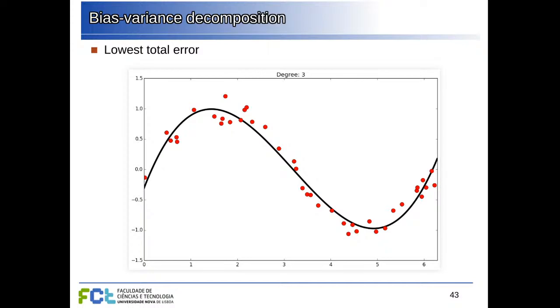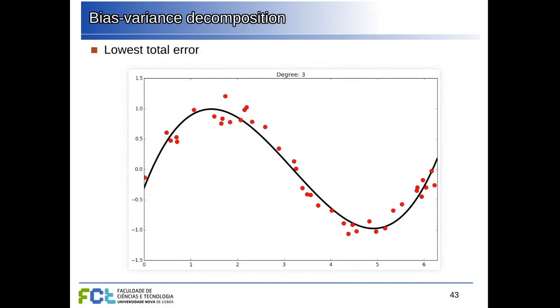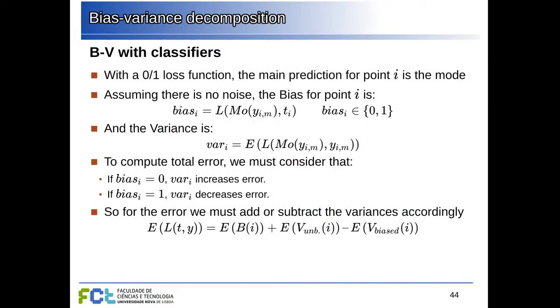Okay, so this would be the one with the lowest total error, which basically is what we can also do with cross-validation and things like that. So bias and variance decomposition is not a practical way of selecting the best model, but it's more a theoretical approach to understand these different contributions to the error.